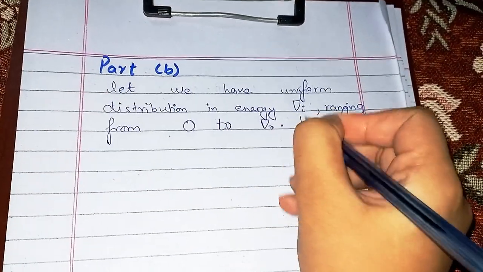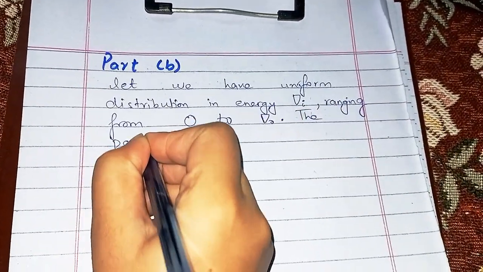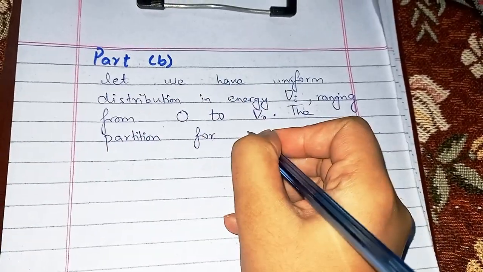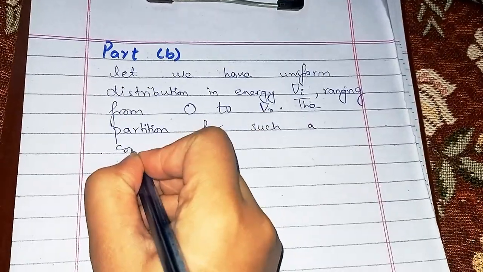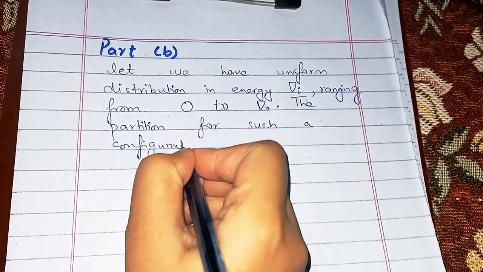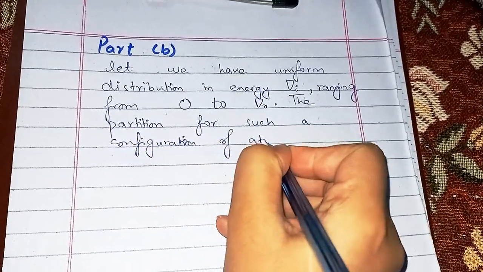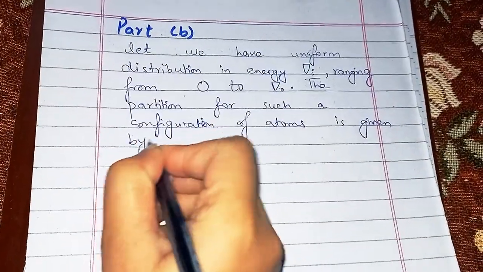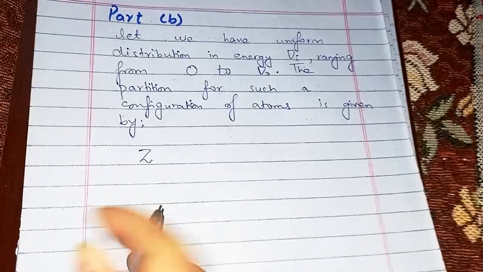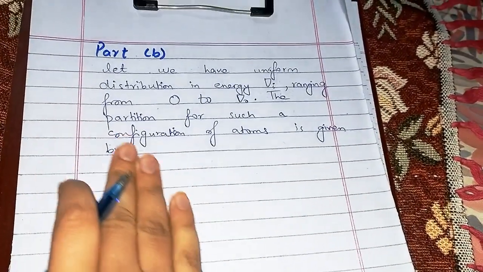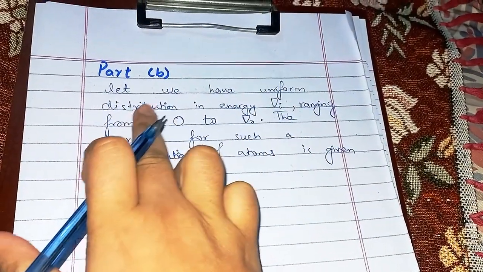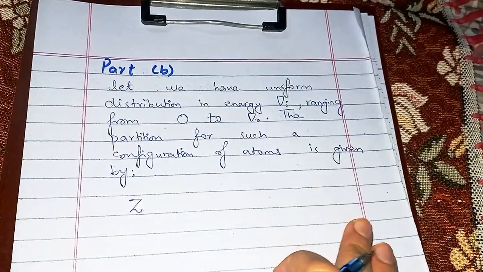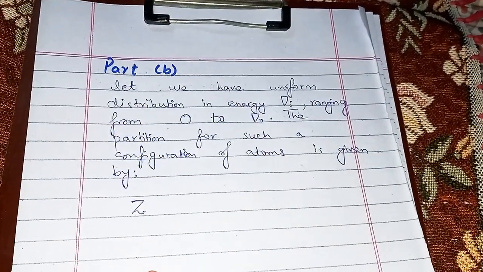Okay, the partition function for such a configuration of atoms is given by the partition function of a single atom with possible energies that range from 0 to delta naught, because we have a continuous range of energies that the atom could have.